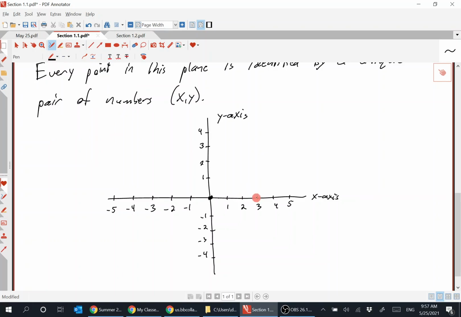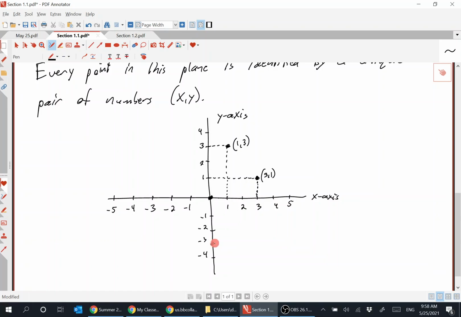If we say the point 3, 1, x equal to 3, y equal to 1, you take the 3 on the x-axis, the 1 on the y-axis, and then you draw this rectangle with the x and y axes as two of the sides, and then the other two sides copied like that, and then this is the point 3, 1. This is the point 1, 3, x equal to 1, y equal to 3.